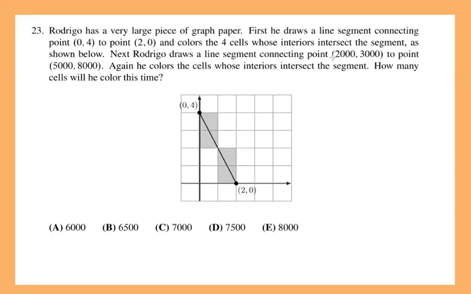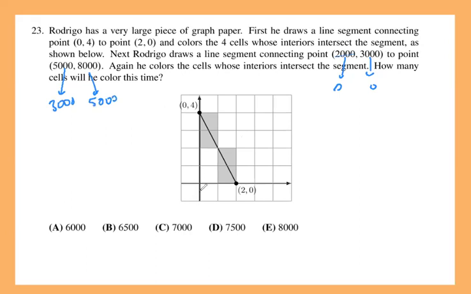So instead of dealing with 2,000 and 3,000, I'm going to subtract 2,000 from the x coordinates, so this will be 0, and this will be 3,000. And for the y value, if you subtract 3,000, you will get 5,000.